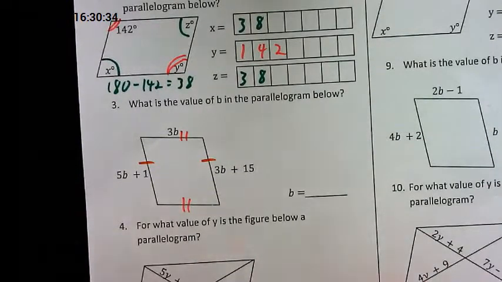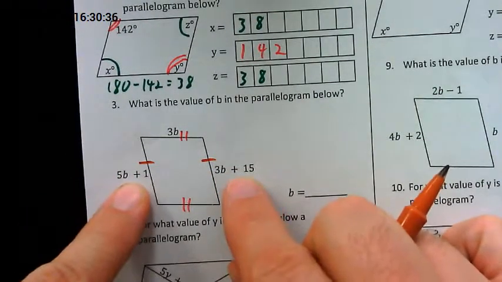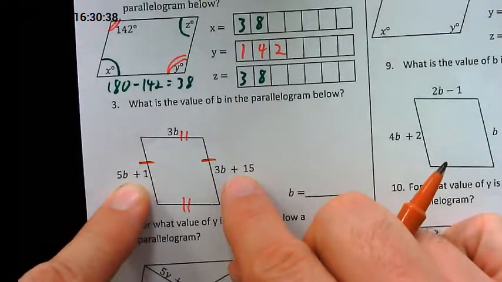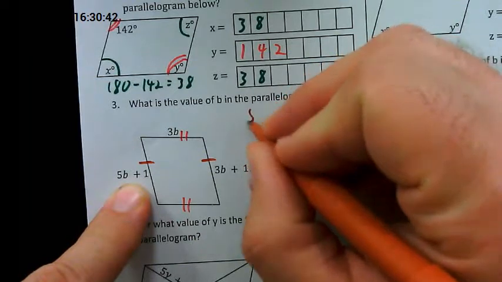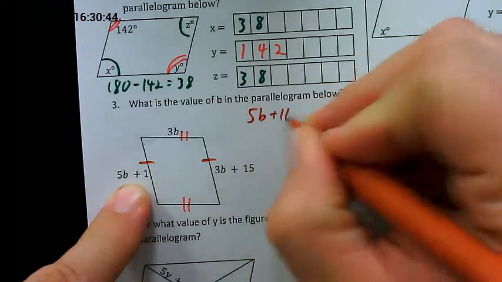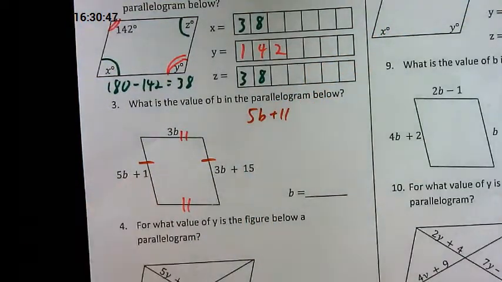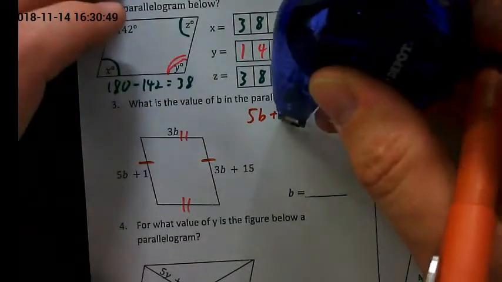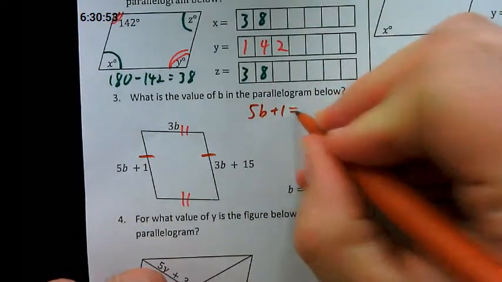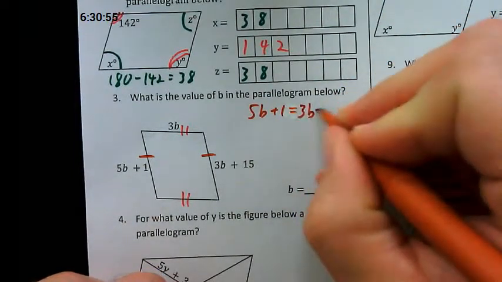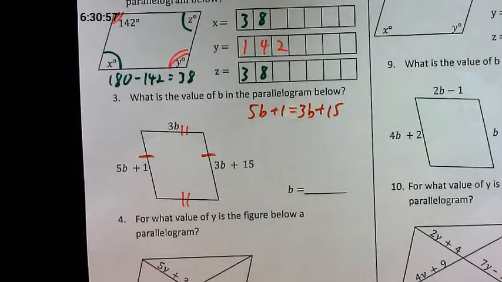So for this one, we can only set these 2 equal to each other. Those are the only 2 that would work for saying anything equal. You cannot use the 3b to solve on this one. Whoops, I somehow just made that 11. So that should have been 1, not 11. Equals 3b plus 15.